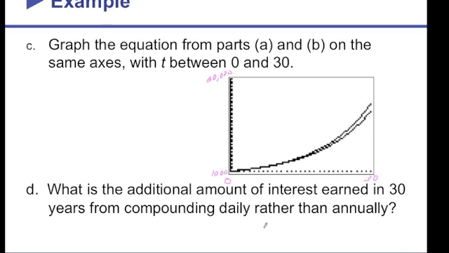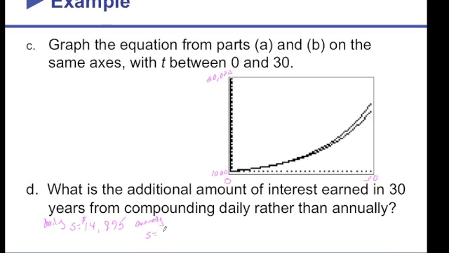Well, I'll show you how I got these numbers also. It turns out for the second equation, the daily, the amount in the account, S equals $14,875.